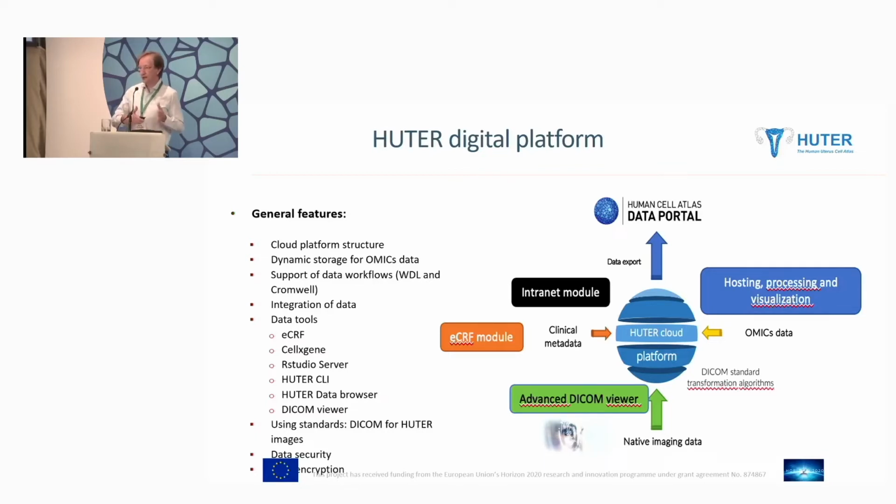We tried to bring this data to the Human Cell Atlas, but unfortunately it was not possible because all of those patients should have been non-diseased. So we are trying to understand the best way to transfer all of this data to the Human Cell Atlas, other than the general repositories that we may use when we publish our results.